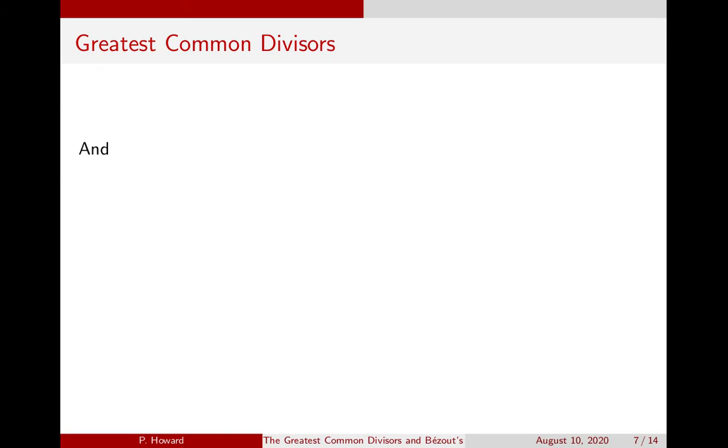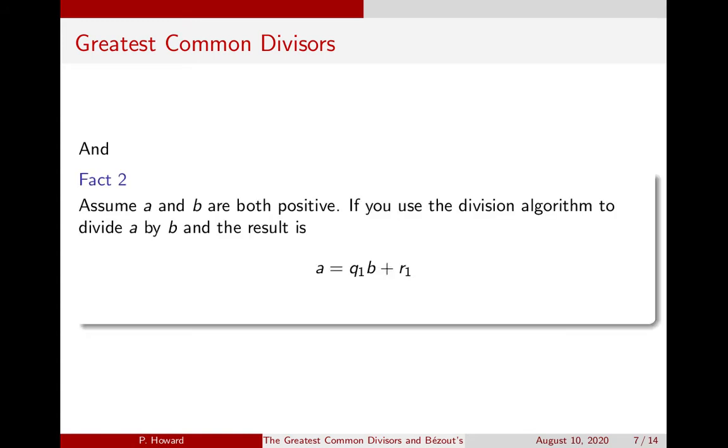The second fact that we'll have to know to understand why this algorithm for finding greatest common divisors works is this. Assume A and B are both positive integers. If you use the division algorithm to divide A by B, you remember you get a quotient and a remainder.